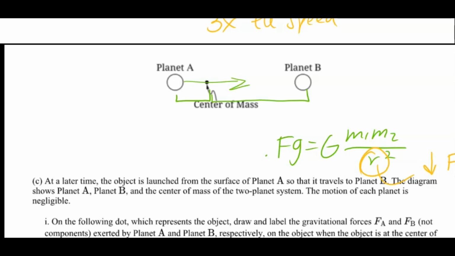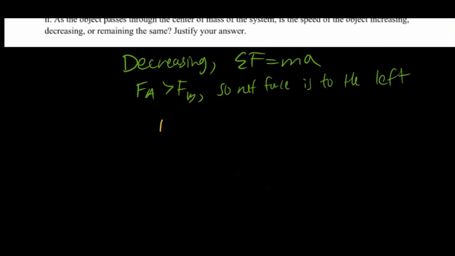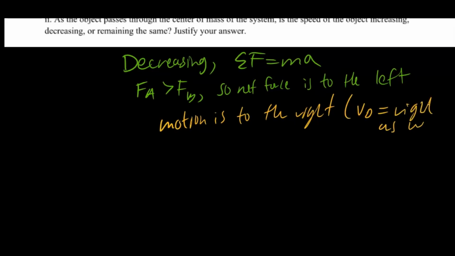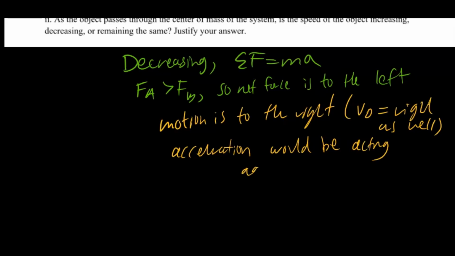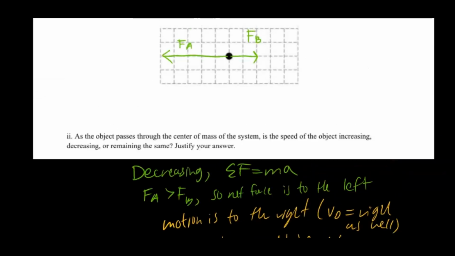So the motion is to the right, and its initial velocity is also to the right. However, the acceleration would be acting against that, because it's to the left due to the net force. And so speed decreases. So yeah, that does it for this FRQ solution.